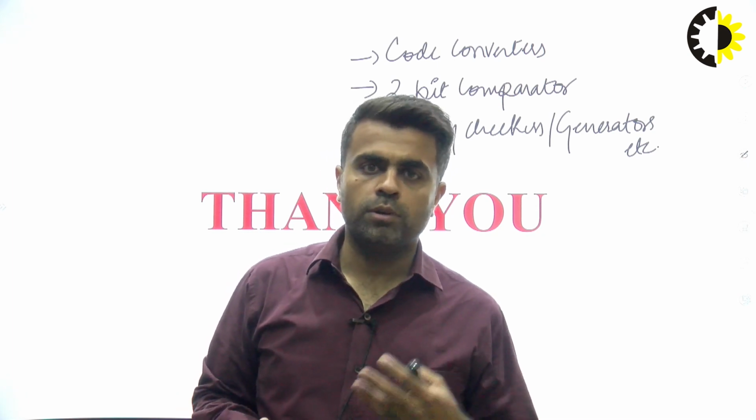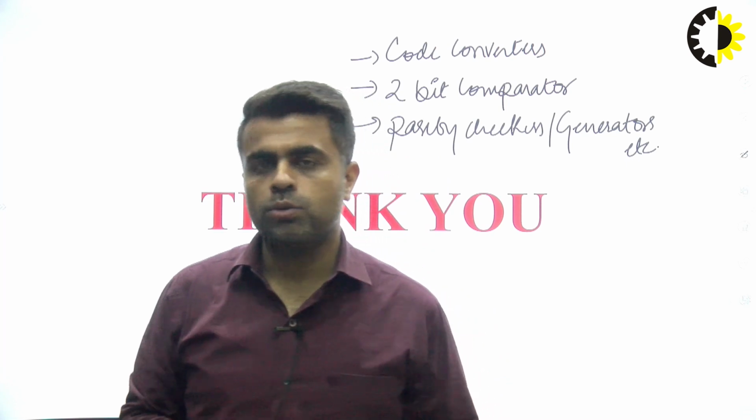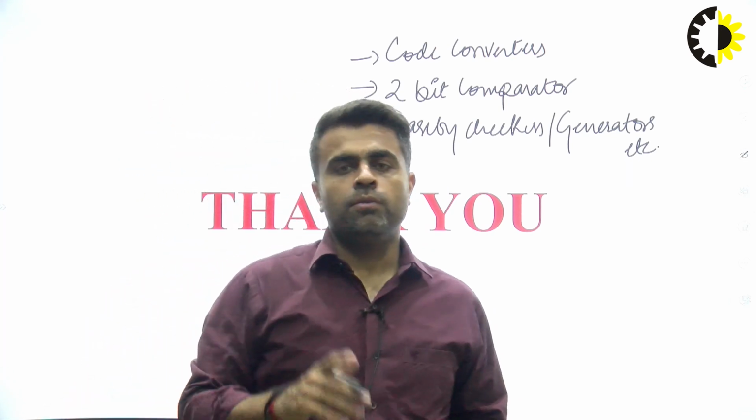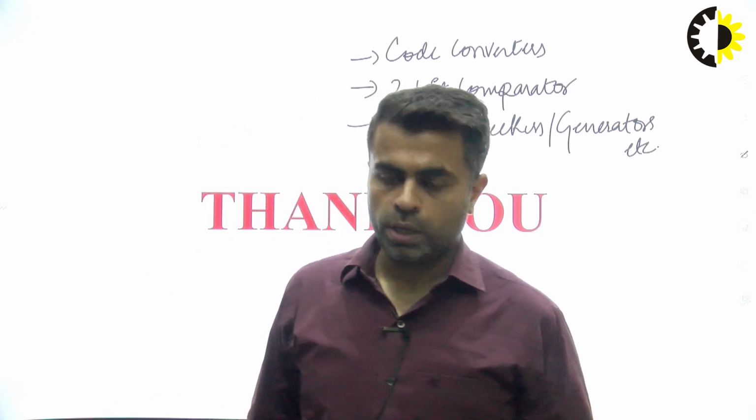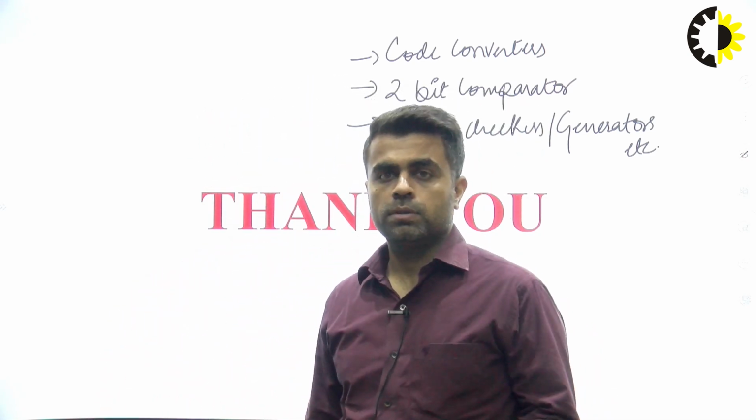In case of ROM we will be using the decoder, what will be the size of the decoder. In case of PLA and PAL we have to choose the number of AND gates and number of OR gates as per my requirement. Okay, so with this we come to the end of this lecture.